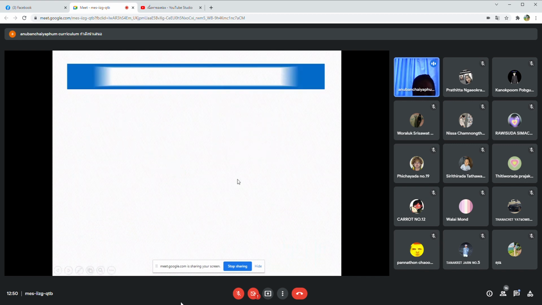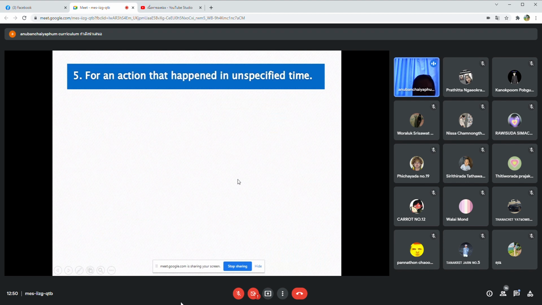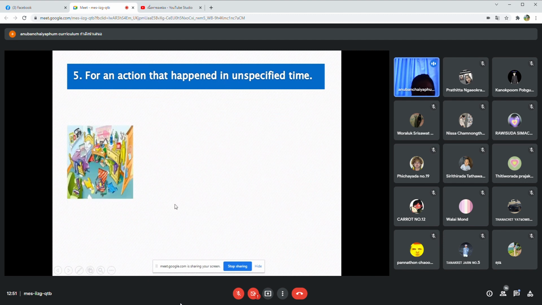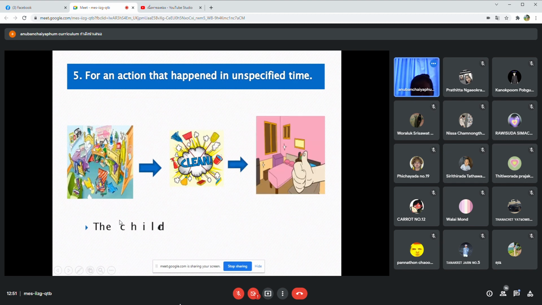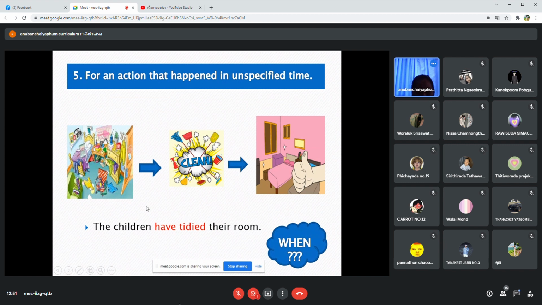Okay, next is the use for an action that happened at an unspecified time. Example, look at these pictures. The sentence here is: the children have tidied their room.